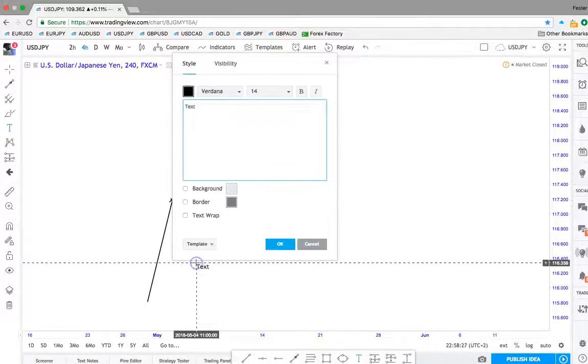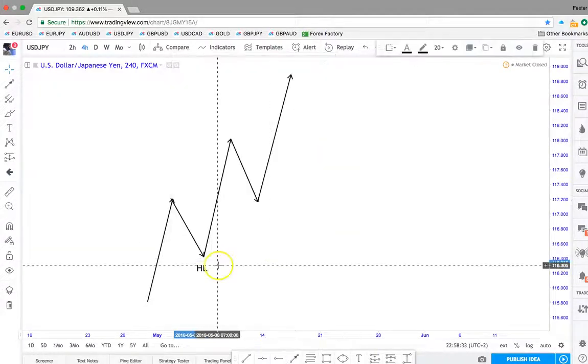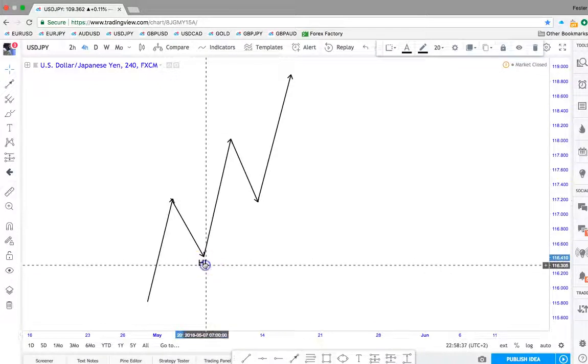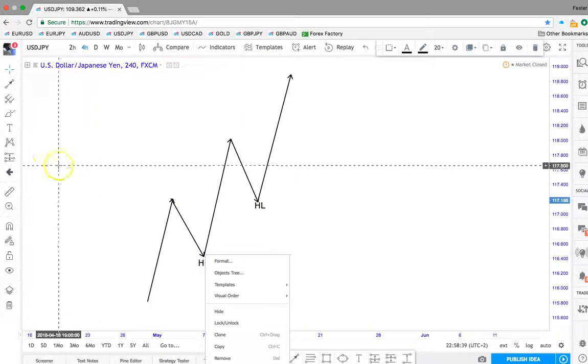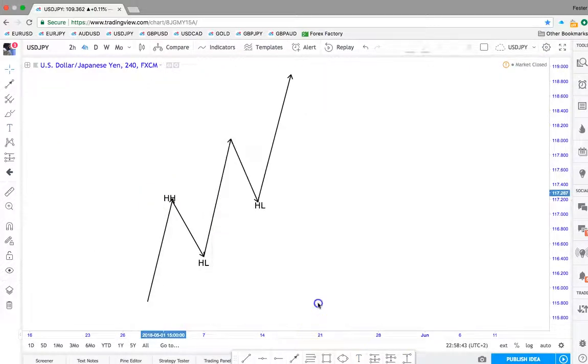So these levels over here are higher low points. Right, so that's your higher low. It's your higher low. Okay. And these points are your higher high points.